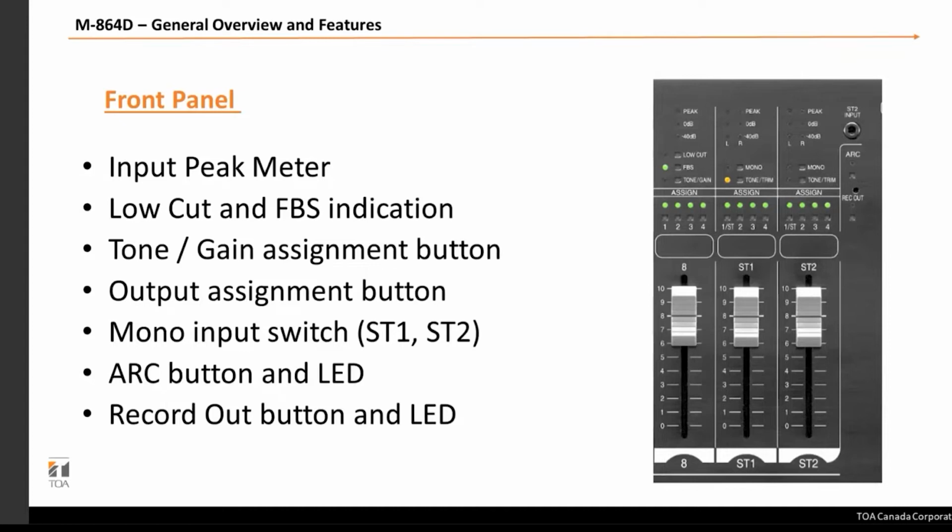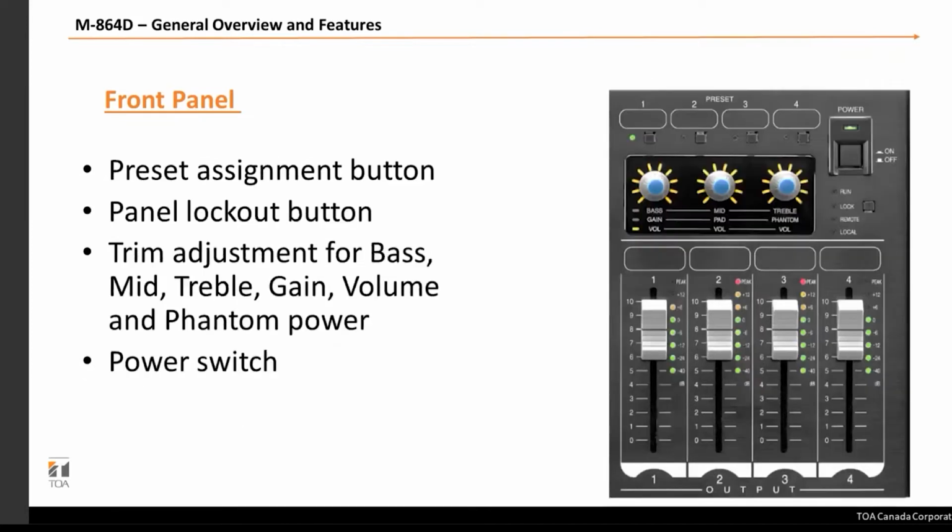Output assignment button, mono input switch for the stereo inputs as well in order to turn them to mono. The ARC button and the LED function is also monitored from the front panel, and the record out as well.